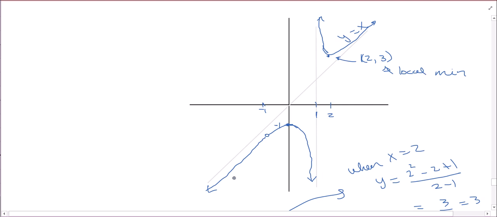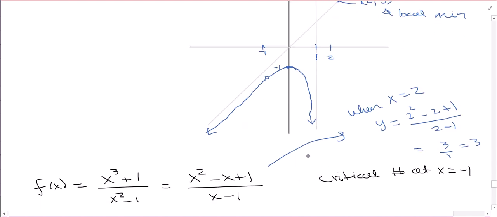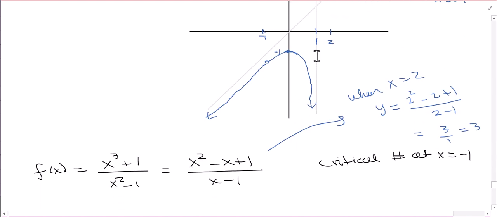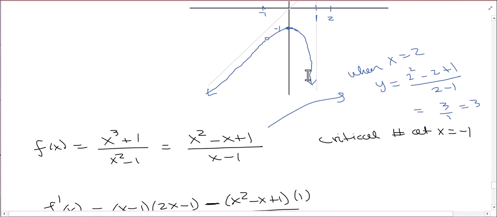So at this point, it looks like it's concave down all the way through here and concave up all over here. So I'm imagining we're only going to get one inflection point, which will be 1, and that's where it changes concavity. But it's not really an inflection point because 1 is not defined.